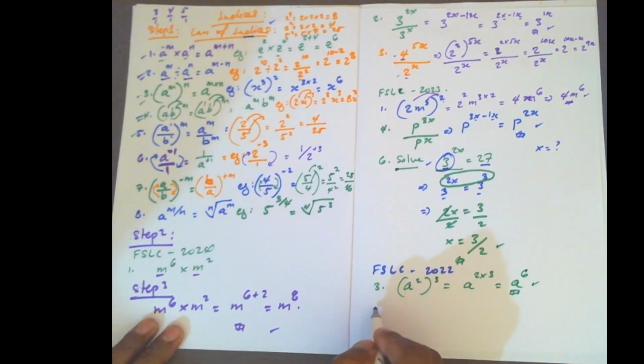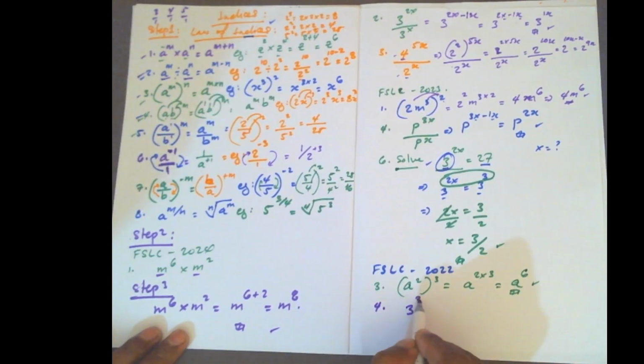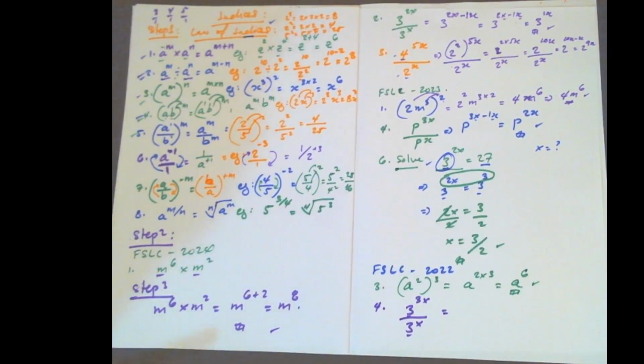Also, question number 4 in the same paper. The question is saying simplify 3 to the power of 3x over 3 to the power of x. The concept is the same. Since they have the same base, we'll subtract the powers.